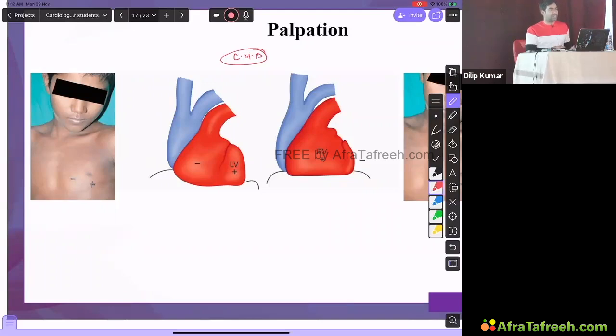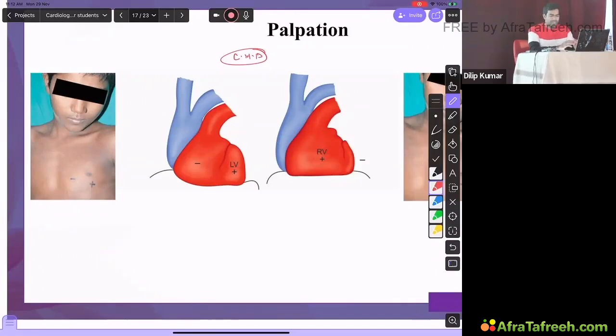But if the right ventricle hypertrophies, it grows towards the left, because the right ventricle cannot move towards the right side. It can grow only over the left ventricle because the left ventricle is a little posterior and you have space. So the right ventricle generally grows anteriorly and towards the left side. Sometimes it can overshadow the left ventricle itself. So that is one point that you need to know.